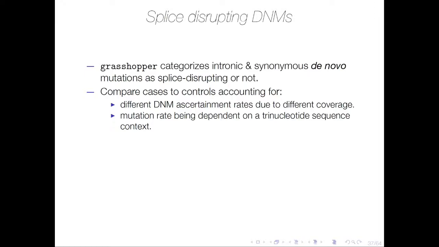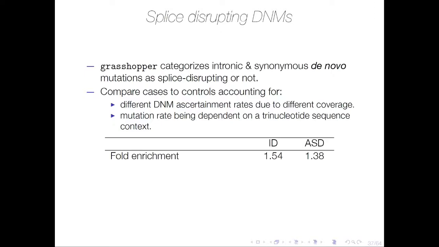And we model the mutation rate from parents to child as being dependent on a trinucleotide sequence context. So what we find is that in these cohorts, individuals with intellectual disability have, on average, 1.54 times more predicted splice-disrupting variants than the healthy controls. And that number for autism is just under 1.4. Both of these enrichments are statistically significant.